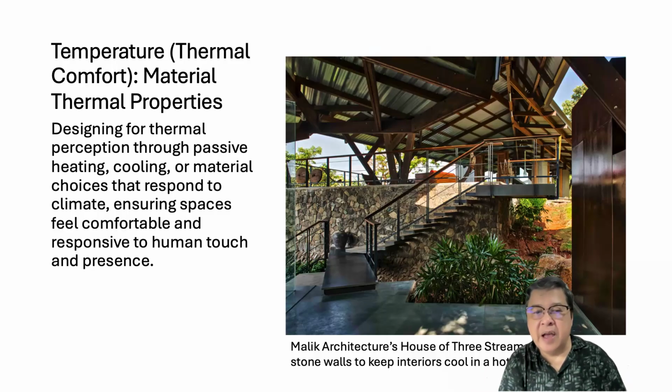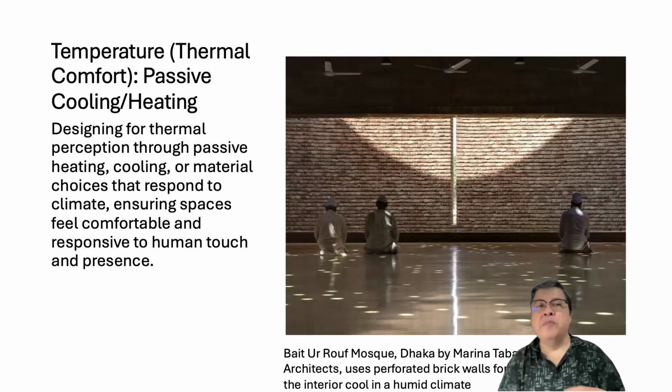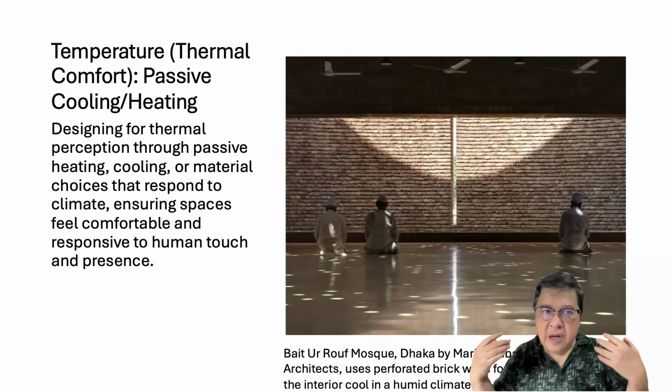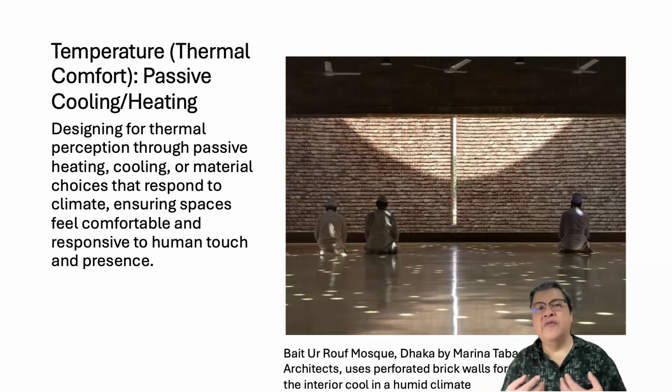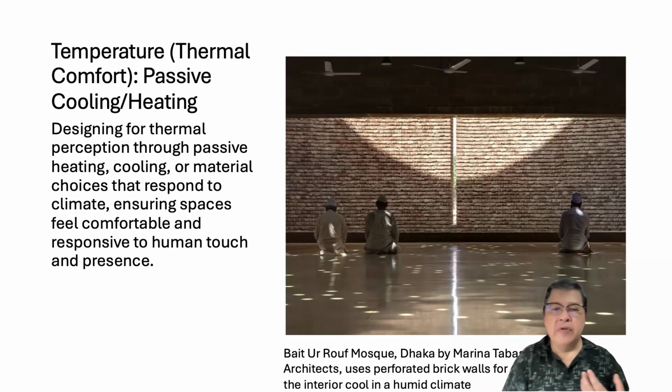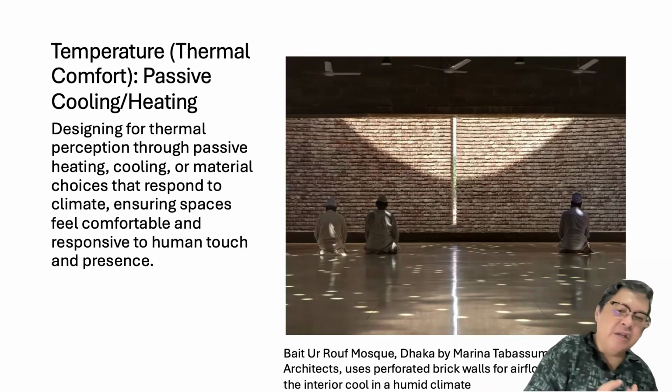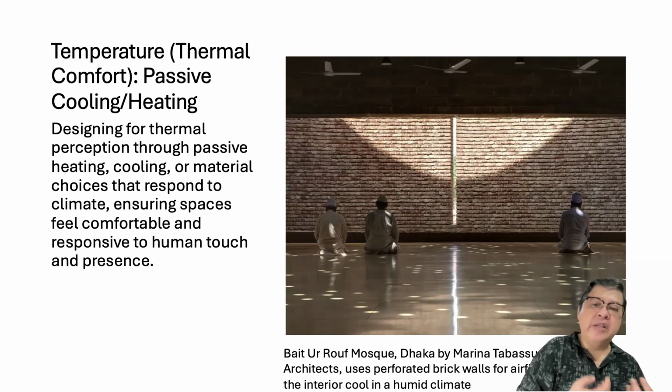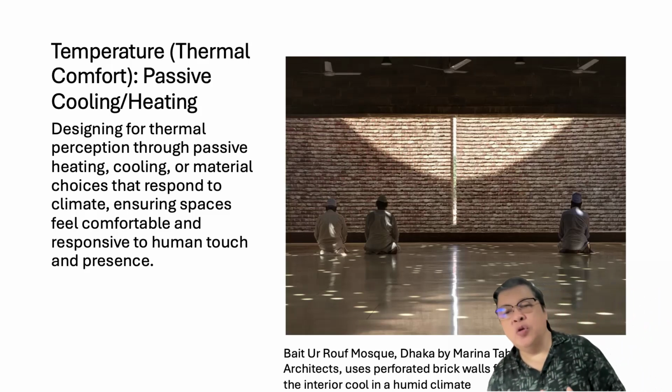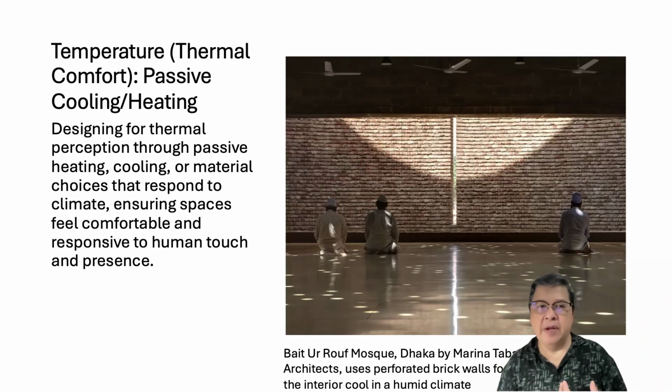Another example of this is, of course, passive cooling or heating. In Dhaka, Bangladesh, the Bait ur Rouf Mosque by Marina Tabassum, the architects use perforated brick walls for airflow to make the interior cool in a humid climate.